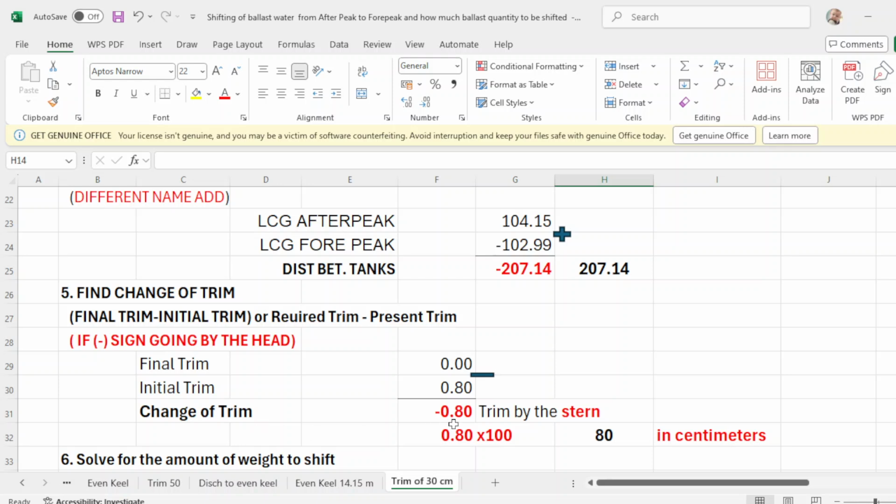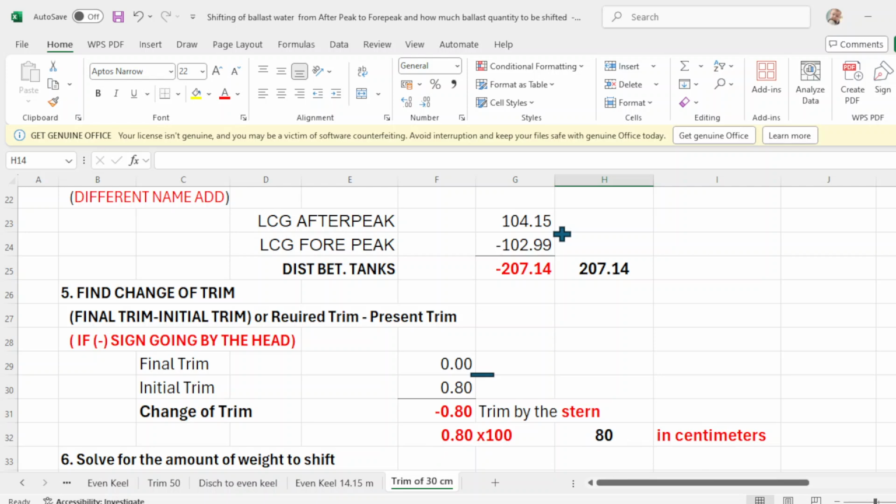So your change of trim will be 0.80 meters. It is negative because you are going to reduce your trim. Convert it to centimeters: 0.80 multiplied by 100, that will be 80 centimeters.